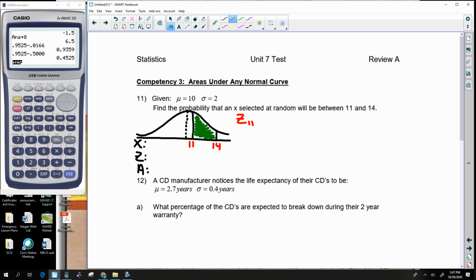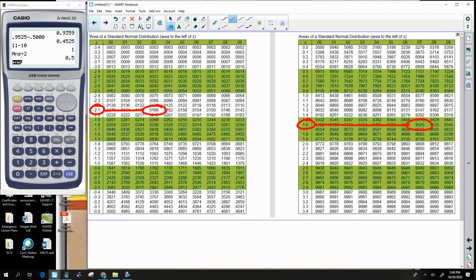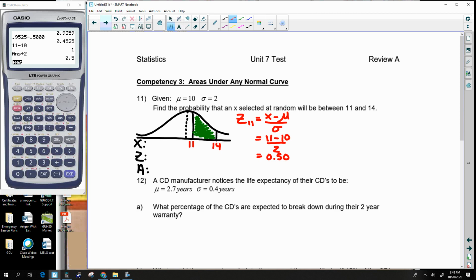I am going to find the z-score of 11. Okay, and then I look that up. So this one is 0.50. I have to do that same process with 14.